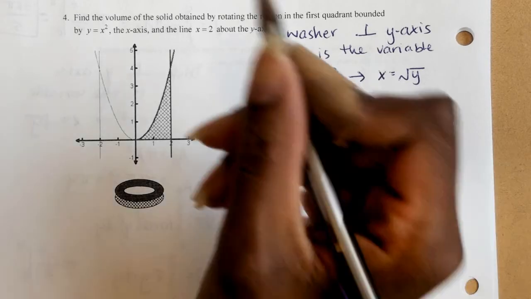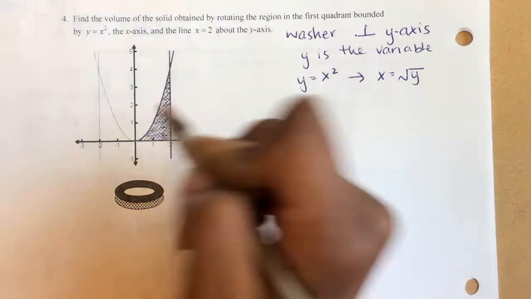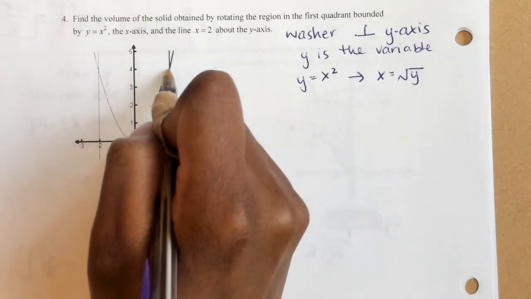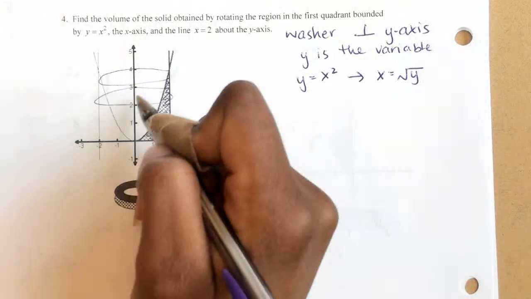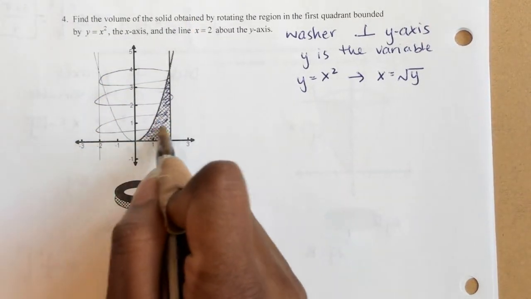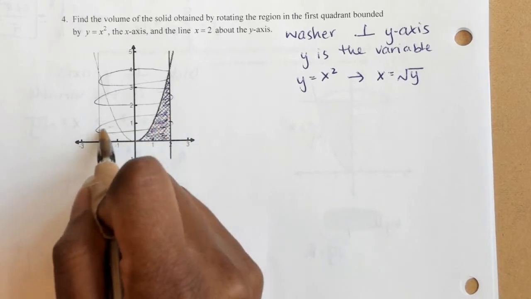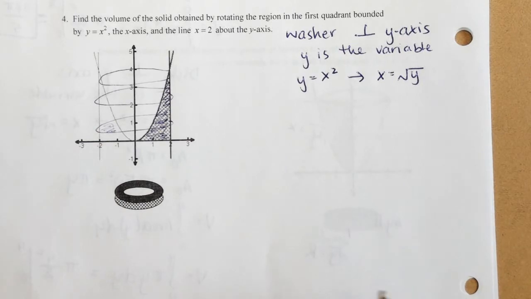So if we look at this problem, this shaded area is the only piece getting rotated around. So when I rotate around, all of this space in here is empty. This is the only space that's rotating around, so it'll end up sort of looking like a donut.